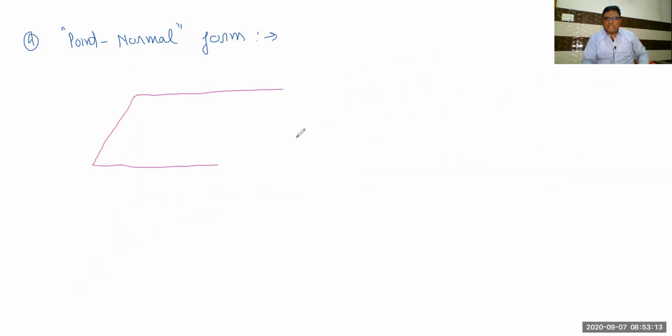Let us consider we are having this plane, and this red color vector is the normal vector, which is denoted by n vector, and its direction ratios are as usual A, B, C. Here we have a point on the plane.